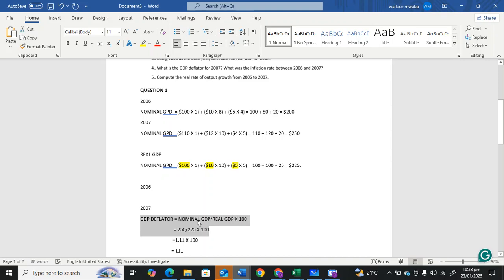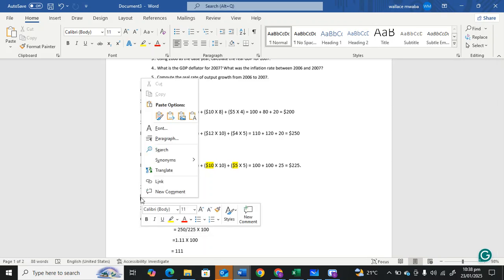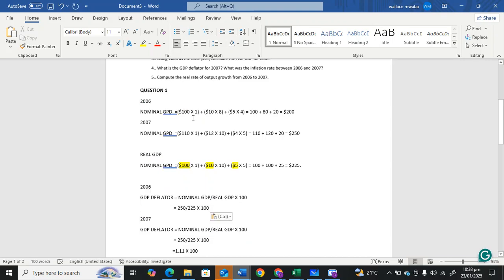Just remember this. For your base year, your GDP deflator is always going to be 100. Let me show you that. Because here we're trying to calculate the inflation rate, we need two GDP deflators to compare to see the inflation rate. So 2006, the nominal GDP was what? 200.